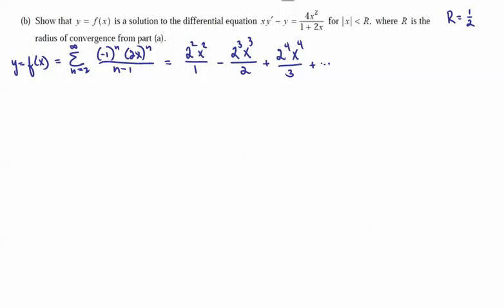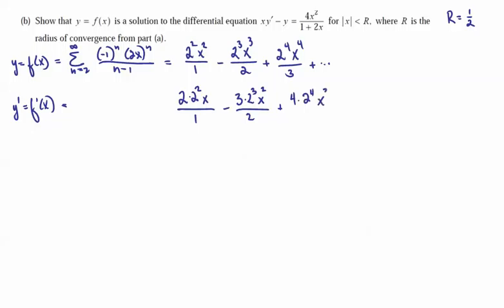So what we want now is to find the derivative of that, because we need y prime. So y prime is f prime of x, and that is simply the term-by-term derivative. From the x we'll bring down the 2, so 2 times 2 squared x over 1, then 3 times 2 to the third x squared over 2, plus 4 times 2 to the fourth x to the third over 3, etc. So that's our y prime.